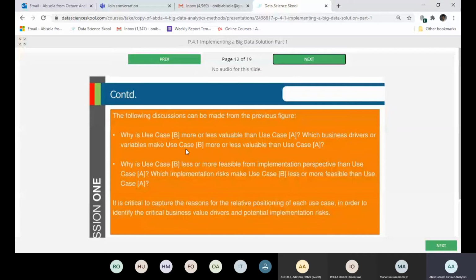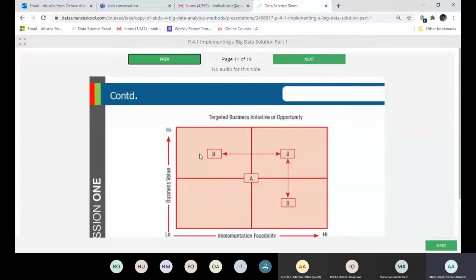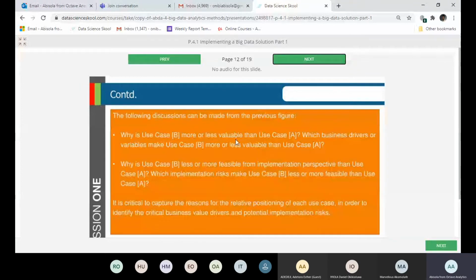What can we do to make B more valuable than A? Maybe use case B was here before, with low implementation feasibility and high business value. So how can we make B come here to have high implementation feasibility? Those are the kind of discussions that can arise from here. Or maybe B was here before. What can you do to make B, which has a high implementation feasibility, have a higher business value? Those are the kind of discussions that can ensue from the previous figure.